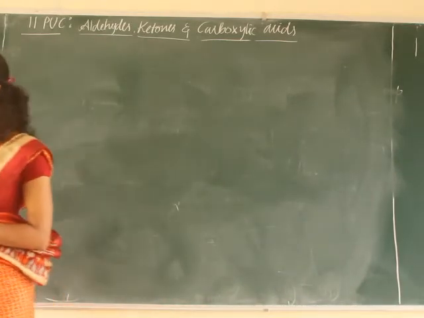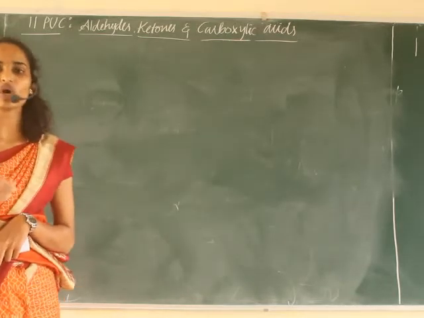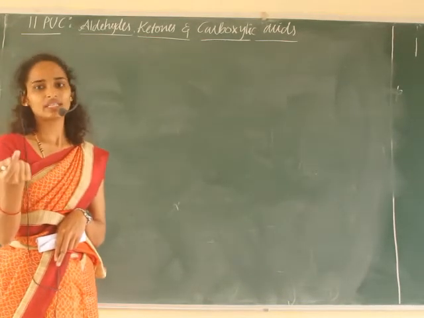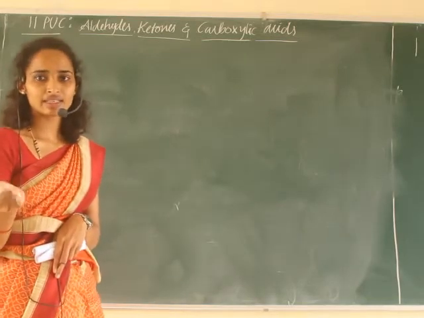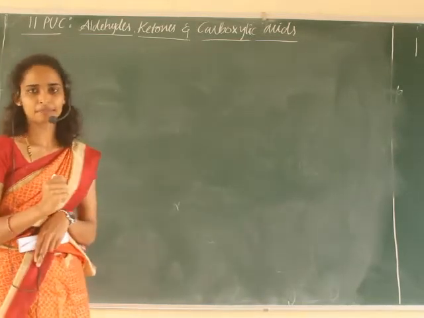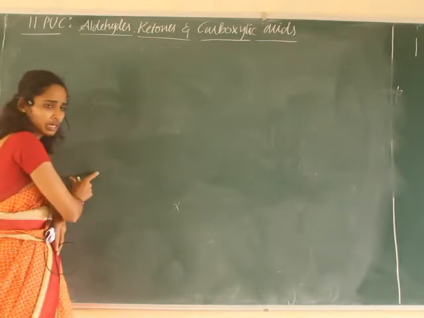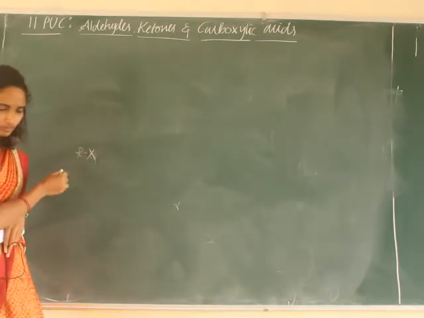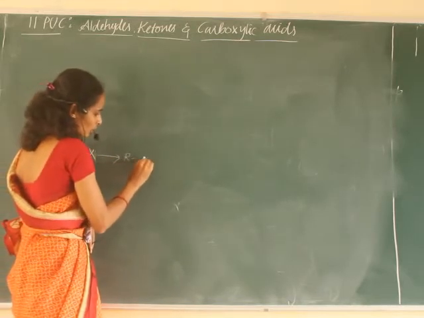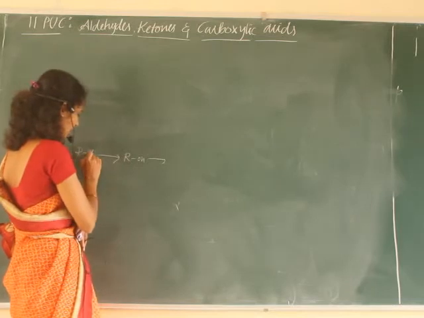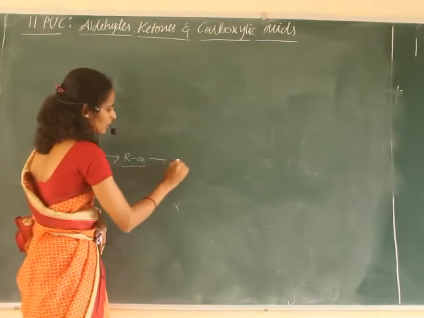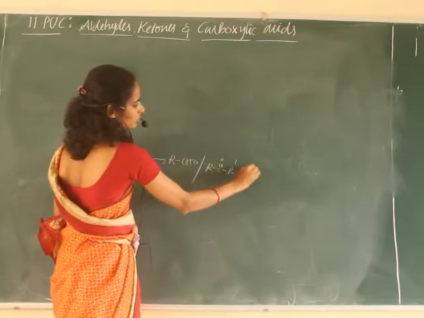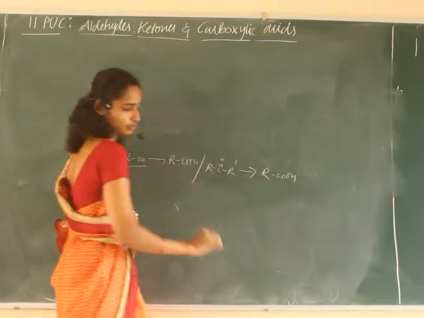Alcohols on oxidation will give aldehydes or ketones, and aldehydes and ketones on oxidation will give carboxylic acids, remember, or carboxylic acid derivatives, like esters, anhydrides, acid halides, etc. First basic is hydrocarbons or alkyl halides, which on oxidation will give alcohol, and from alcohol we will get aldehyde or ketone, and from aldehydes or ketones we will get carboxylic acids. Remember this.